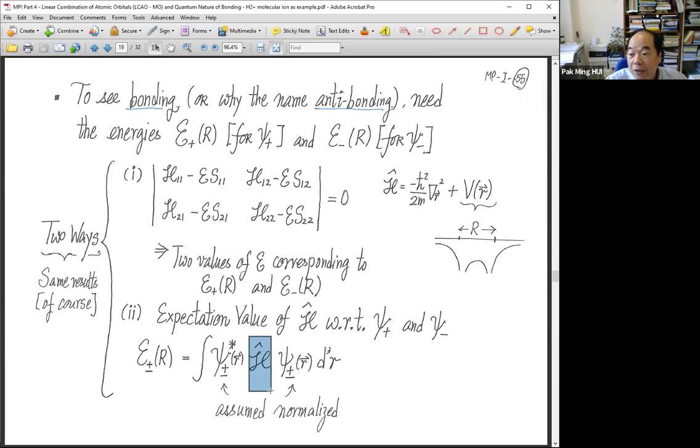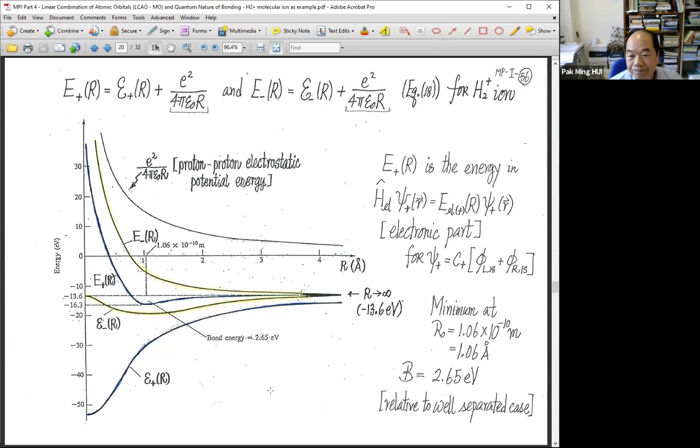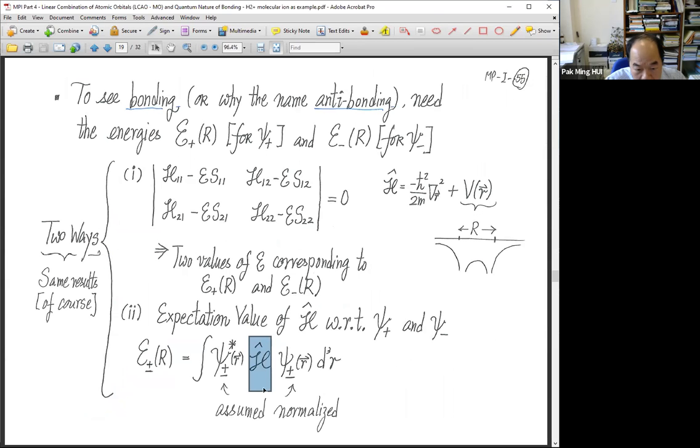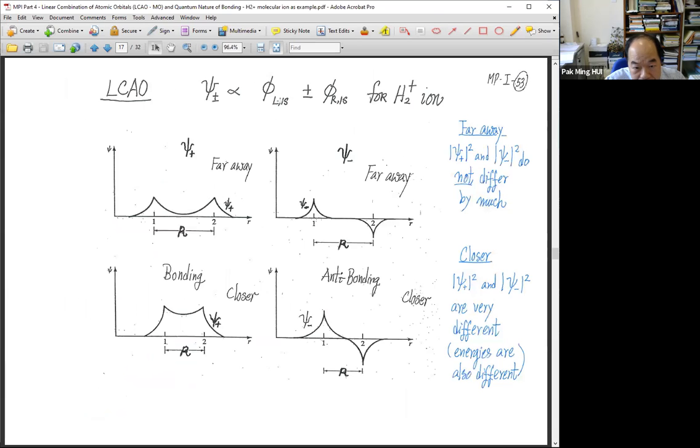Now, the answer is as follows. I will do a little bit of this page and then I will end because that already is the purpose. It's a very complicated page, right? Don't worry, I guide you through. If we do this so-called bonding combination, that is to say, add them together, okay?